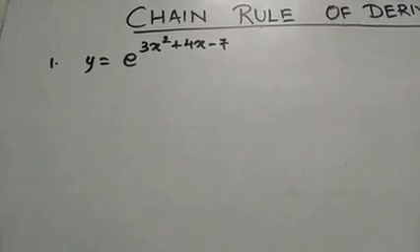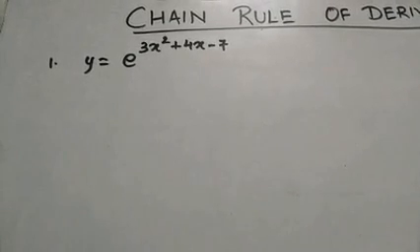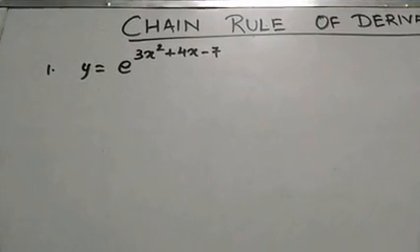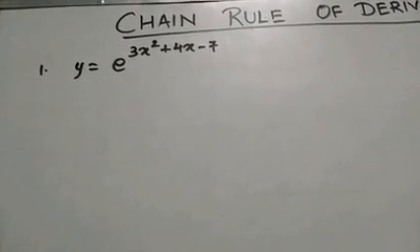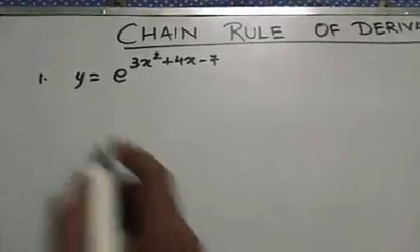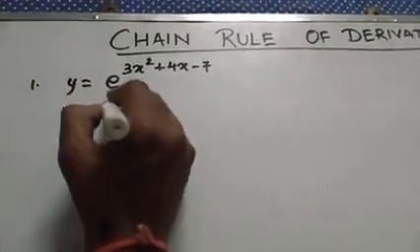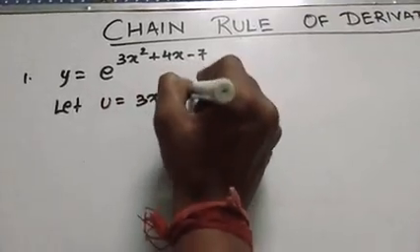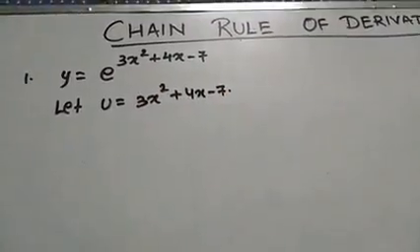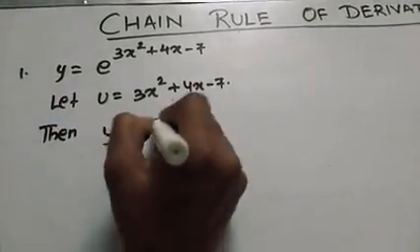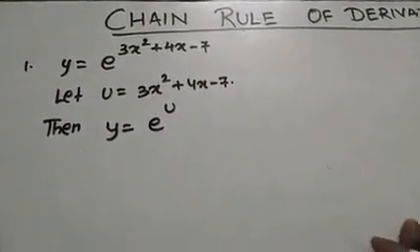So the question is y equals e to the power 3x square plus 4x minus 7. In the same way, first of all, we have to convert the given function into a known form. So what we'll do here, we will assume let u equals 3x square plus 4x minus 7. Then y will equal e to the power u.